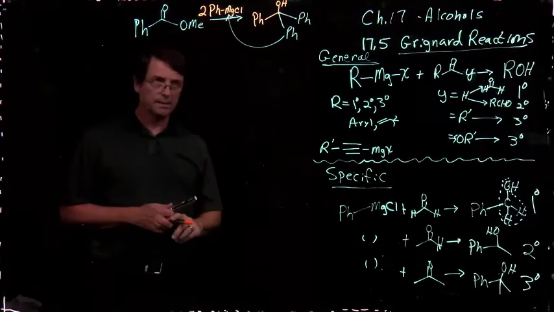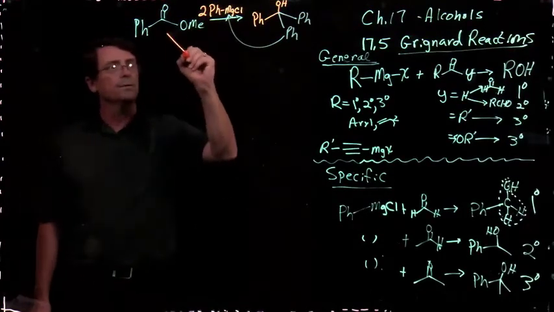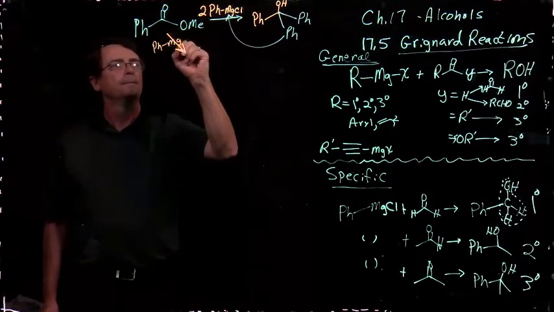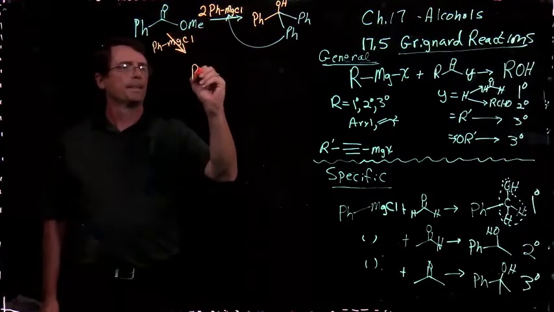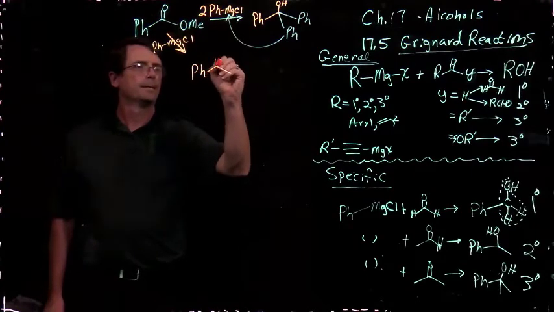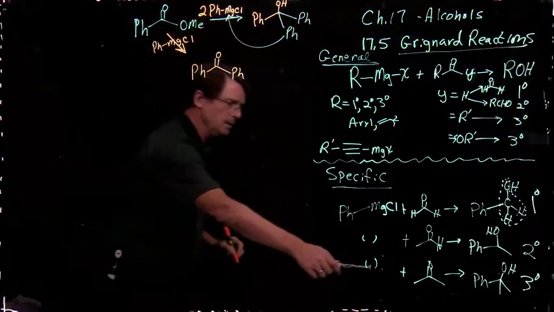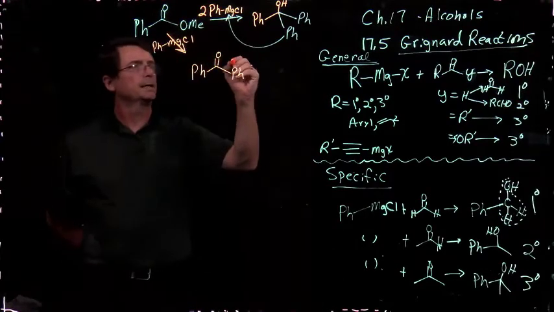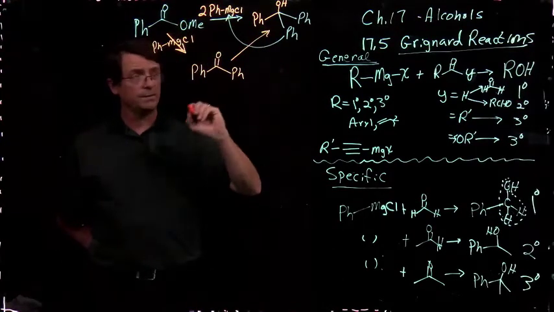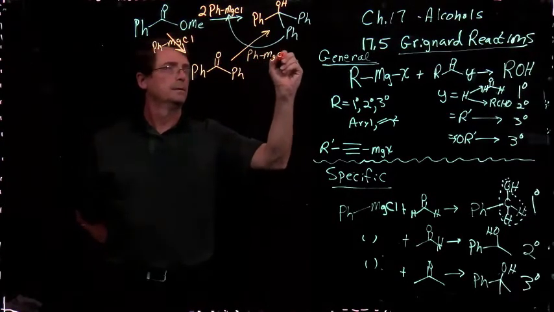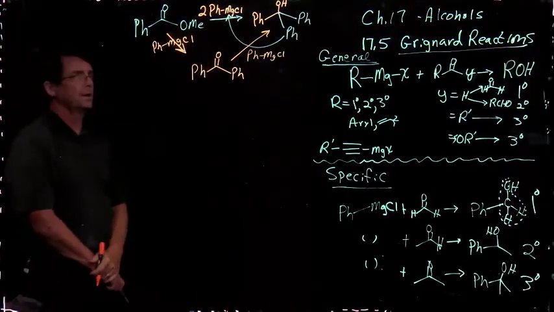And the reason for this is, like we saw before, the first Grignard adds and it makes a ketone, and we already know that ketones will react again. In fact, they react faster than esters, and you get the tertiary alcohol.